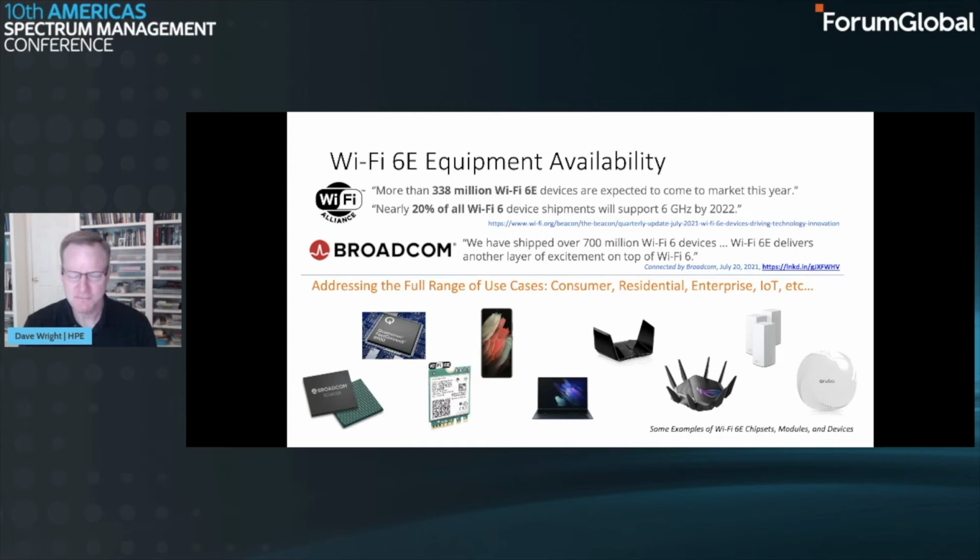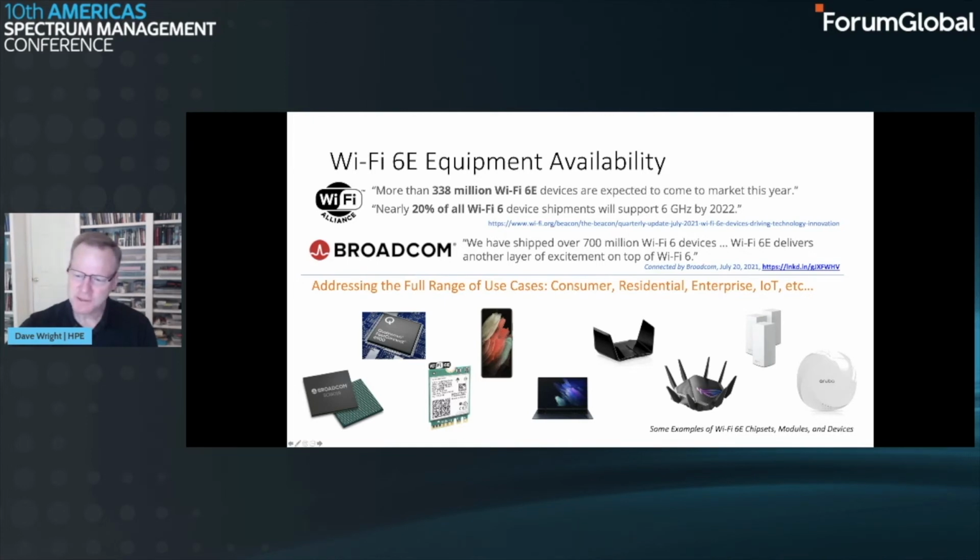So 20% of all of the Wi-Fi 6 device shipments will support Wi-Fi 6E. And again, that's about 700 million, so more than doubling. And we have another quote from Broadcom here. They had already shipped 700 million Wi-Fi 6 devices, and now they're excited about what the 6 gigahertz band is going to do in addition to the regular Wi-Fi 6 capabilities.